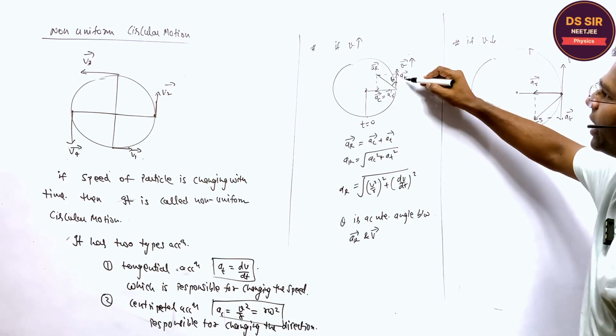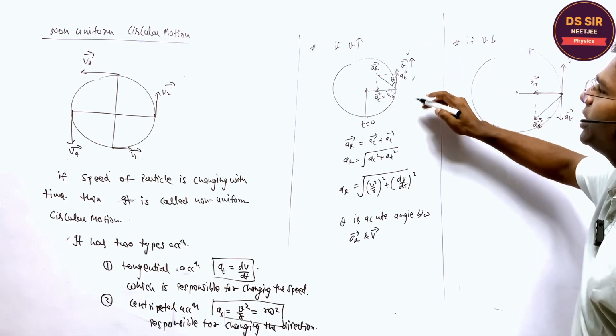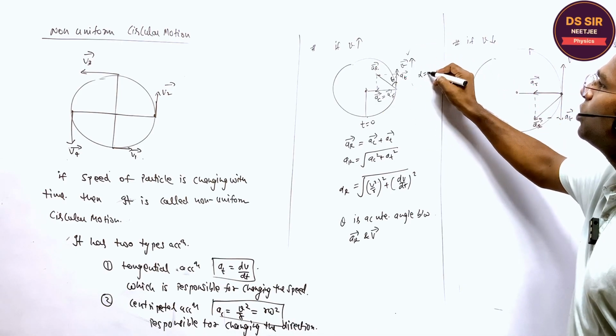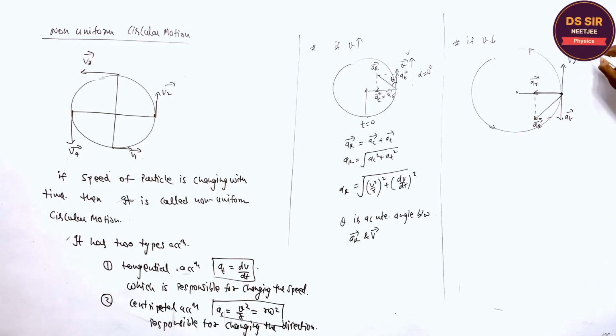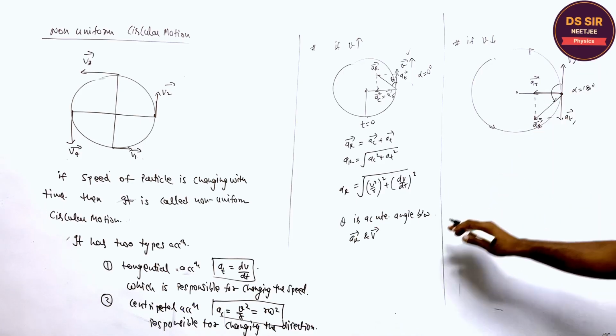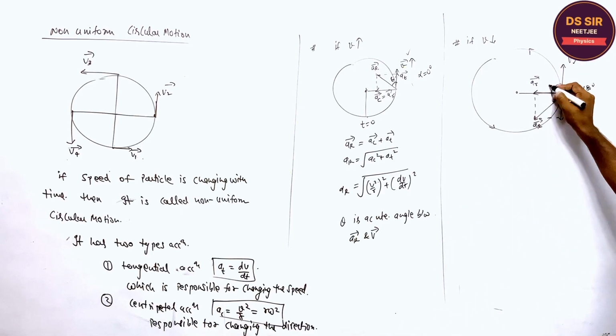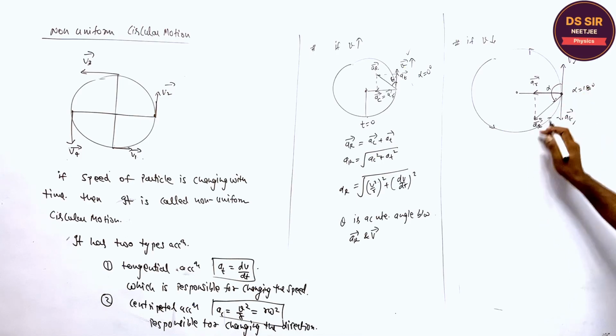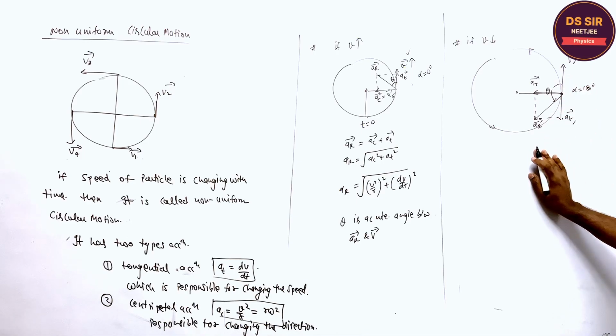So what is the angle between the v vector and the AT vector here? In the previous case the angle is 0. Here the angle between the v vector and the AT vector is 180 degrees, and the angle between the resultant vector and the velocity vector, right, will be theta, which is an obtuse angle.